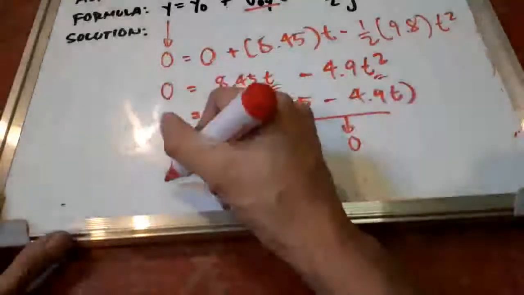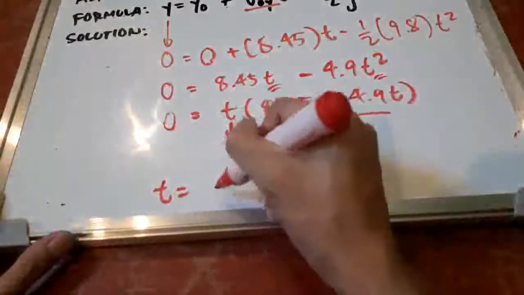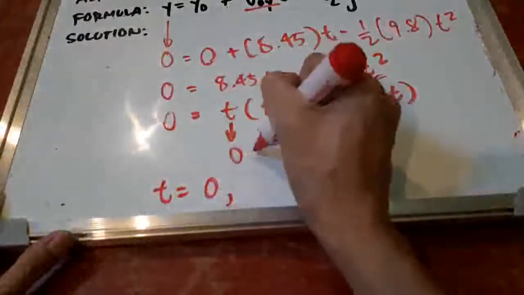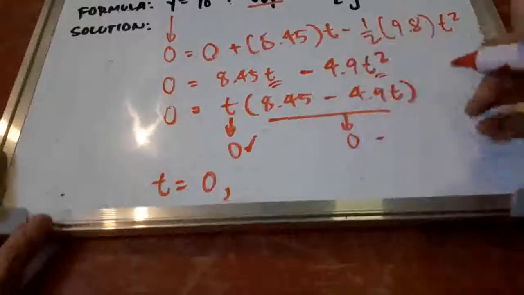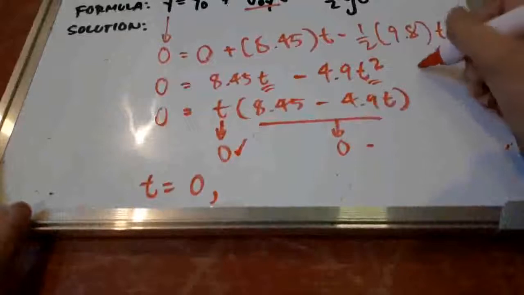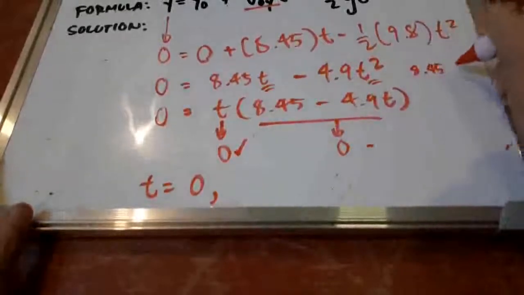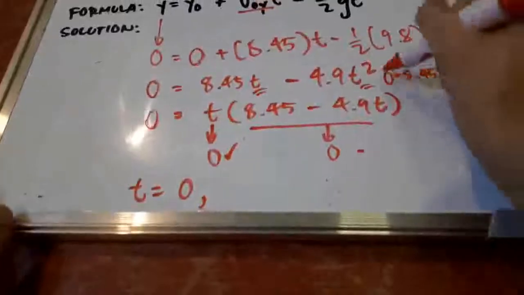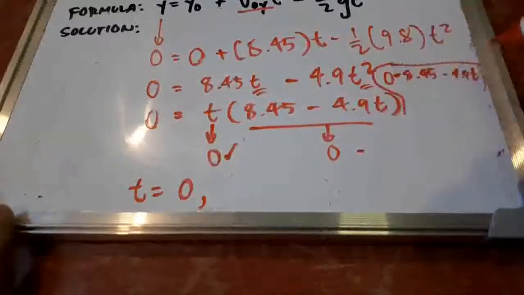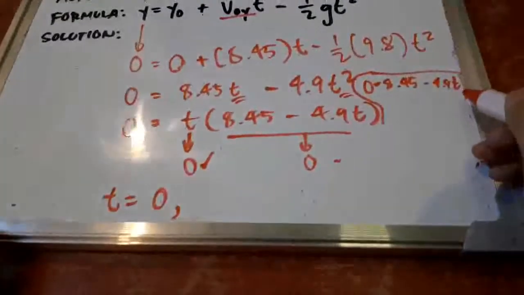That gives us two possible values for t. It can either be 0, or 8.45 minus 4.9t equal to 0.